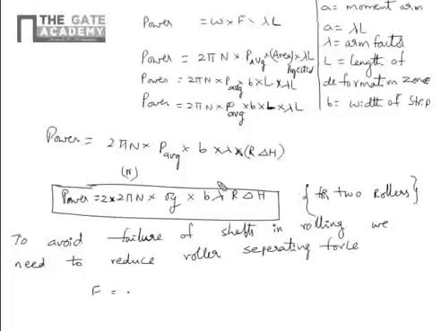F equals yield stress into area, which is the projected area, B into L, where L is root R delta H. So if you want to reduce the roller separating force, reduce the radius or reduce the yield stress.